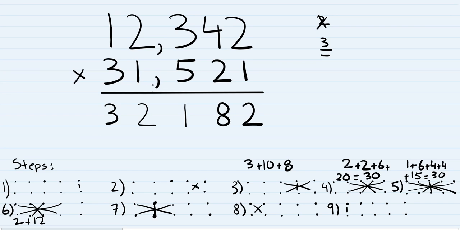Okay. 2, 12, and then I have 10 and then 3. That equals 14 plus 10 is 24. 24 plus 3 is 27. And 27 plus 3 is 30. So I'm going to say 0, carry the 3 again.